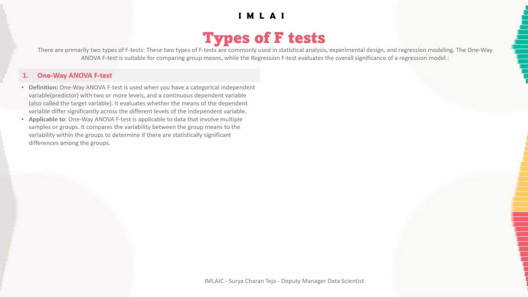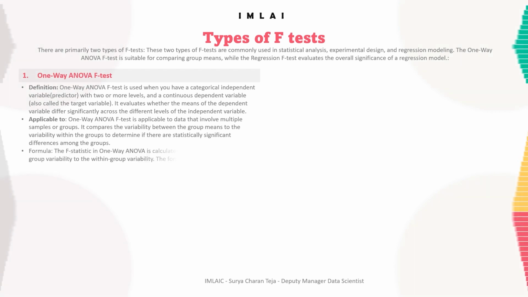Now let's look into the formula. The F statistic in one-way ANOVA is calculated as the ratio of the between group variability to the within group variability.